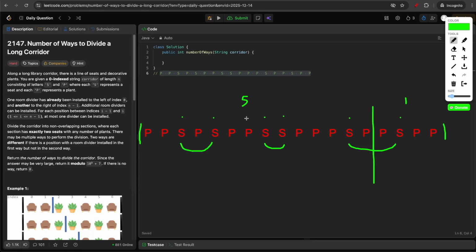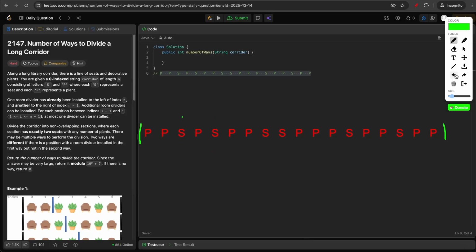That's an odd number, so you can't divide this corridor further. And similarly, if I try to place a divider here, then on the left hand side you'll have 3 seats, right hand side 3 seats, so you cannot divide them further. So one thing we have established is that you can never place a divider between two adjacent seats. So first two, then next two, and next two.